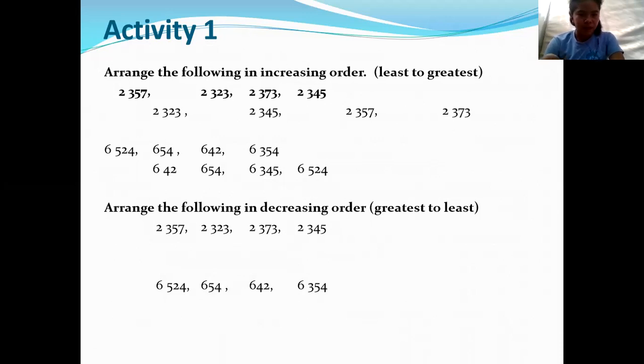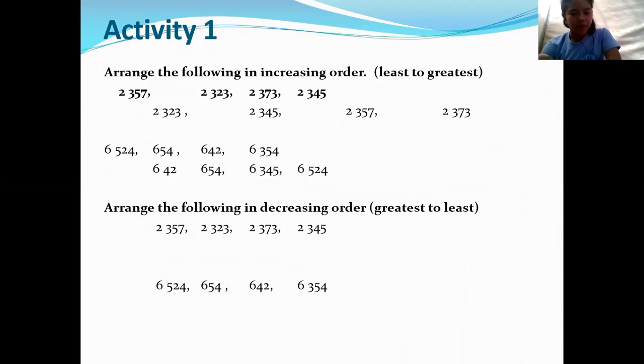Okay, next activity. Arrange the following in decreasing order. Decreasing means nagkagamay. It is from greatest to least. Okay. Activity number 1: 2,357, 2,323, 2,373, and 2,345.